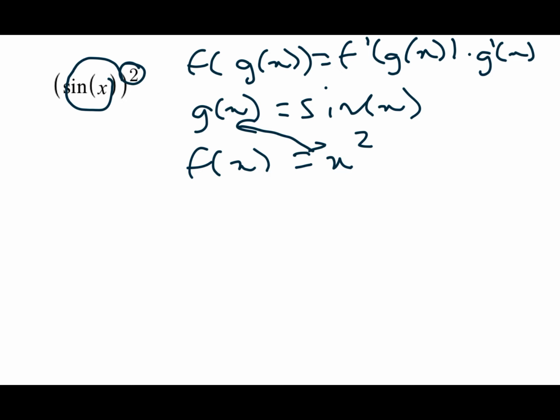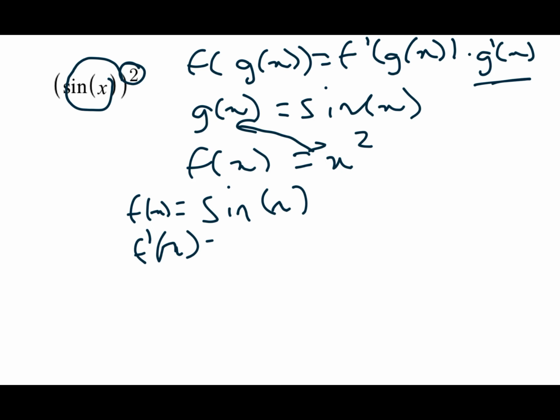So first, it's usually easier to find the derivative of the inside function. The derivative of sine x we figured out would be equal to cosine x. So that's this portion.